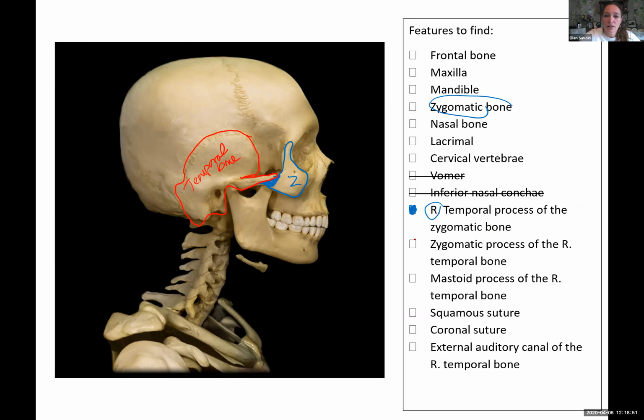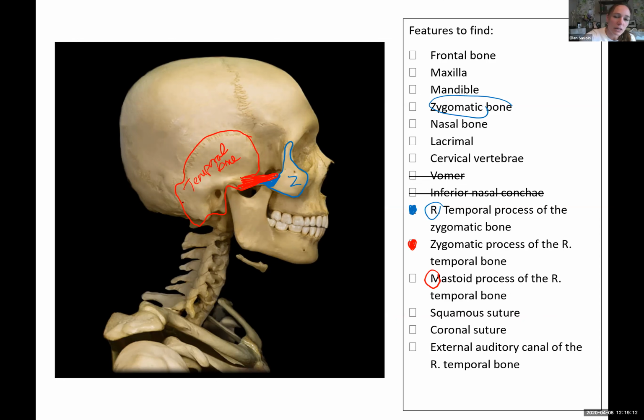And in particular, the zygomatic process of the temporal bone is this part. So it's the back side of your cheekbone, the arch of your cheekbone. So your cheekbone arch, as it extends back towards your ear, is actually made of two bones, these two.